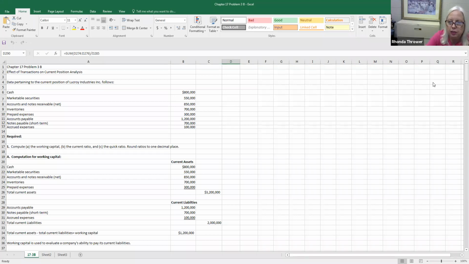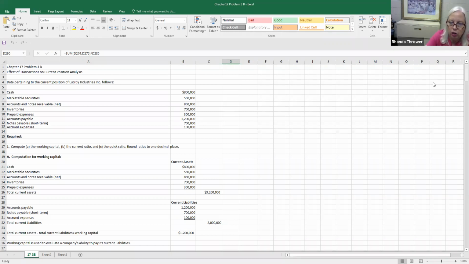Your current liabilities did not change. To find working capital, we still subtract our current liabilities from our current assets. And that will give you, in this case, $2,200,000. Our current assets divided by our current liabilities would give you a current ratio of 2.1.